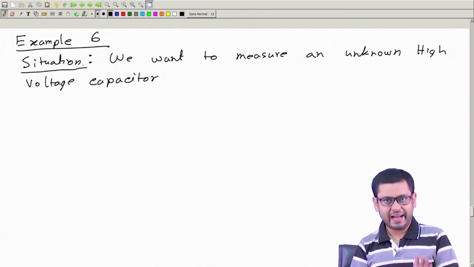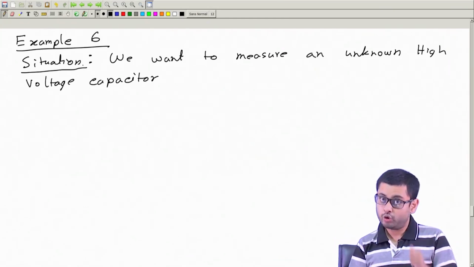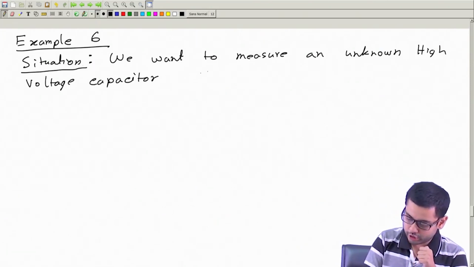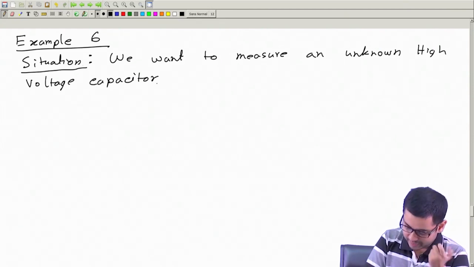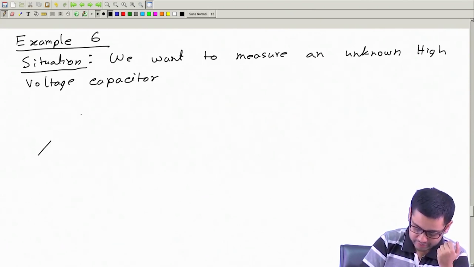So, to get an actual evaluation or feeling of how it will work under high voltage stress, we should measure it only under a high voltage applied across it. Okay. So, we want to measure a high voltage capacitor. So, we will use some bridge, of course. So, let us draw a bridge. We have to design this bridge.